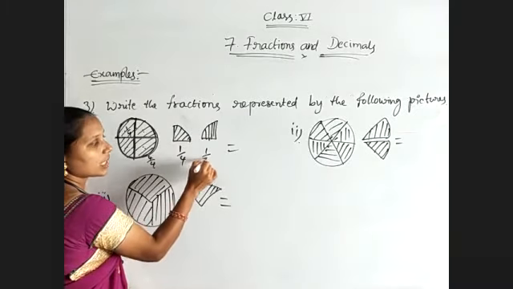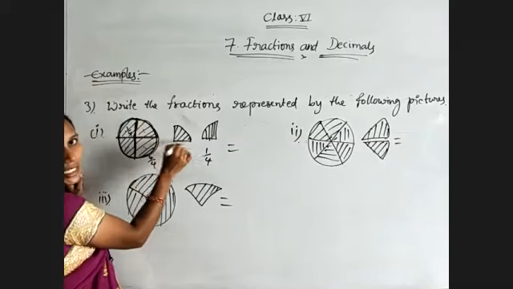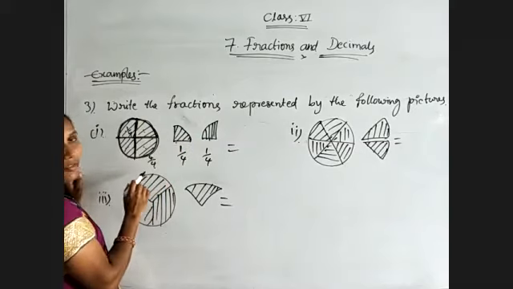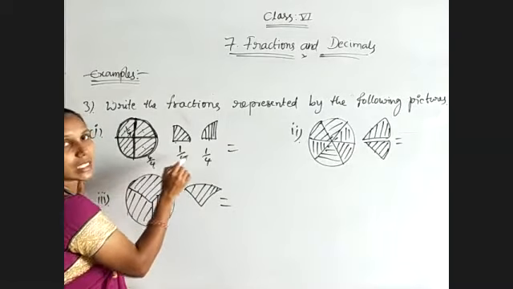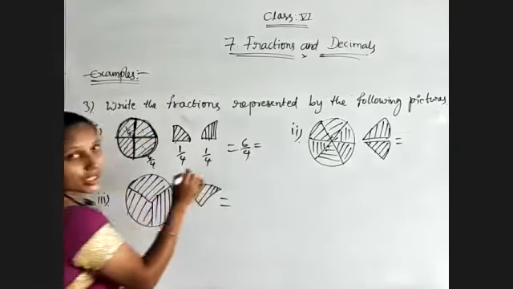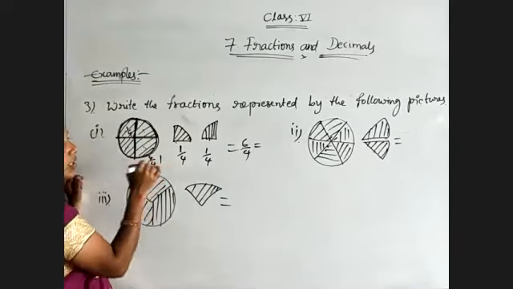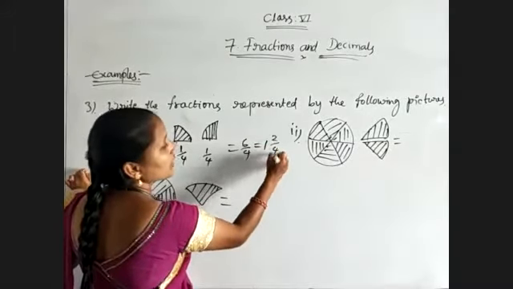This is also another 1 by 4. This portion only they mentioned here separately. So totally how many 1/4 are there? 4 plus 1, 5, 5 plus 1, 6, 6 by 4. And in mixed fraction, one whole completely used and these are 2/4. So 1, 2 by 4 is the mixed fraction.